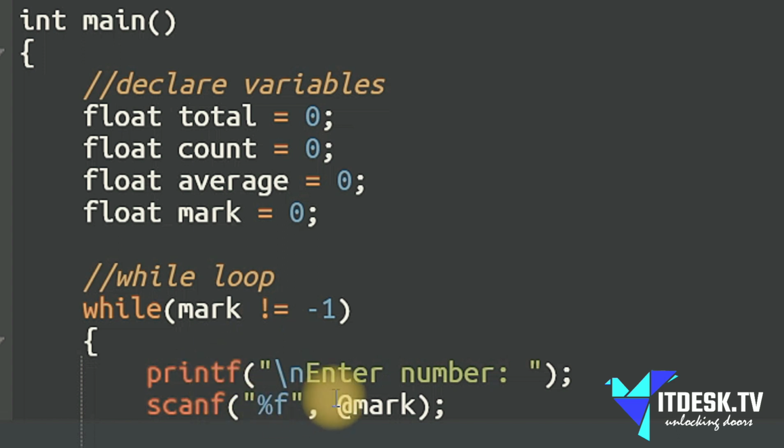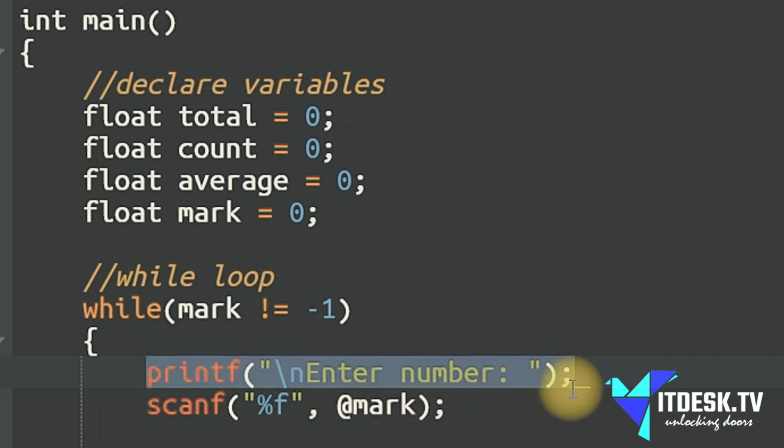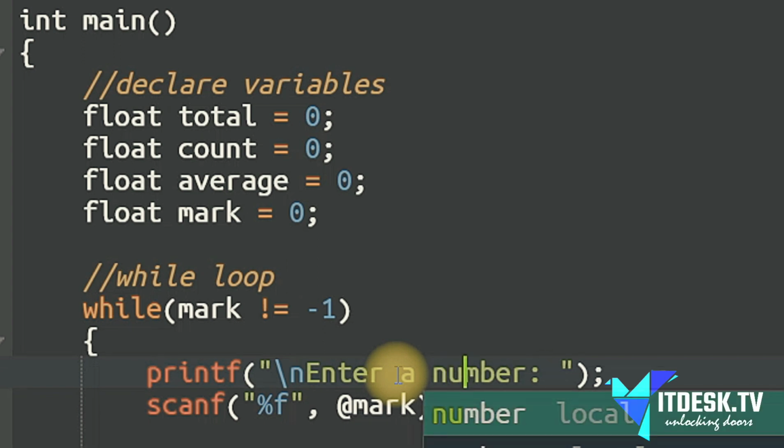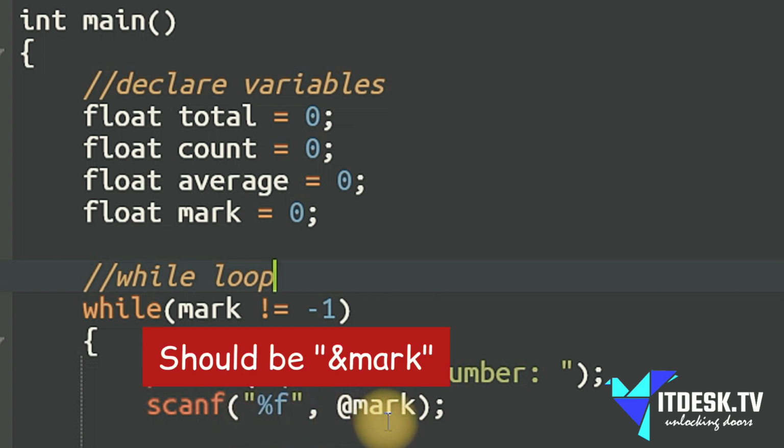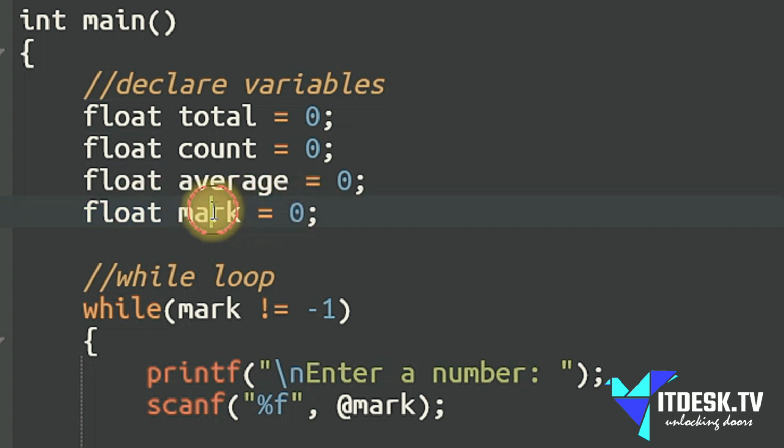So what do I do here? The screen right here asks the user to enter a number. The user enters the number, and whatever they enter, I'm going to put that number into the floating point variable that I defined called mark.